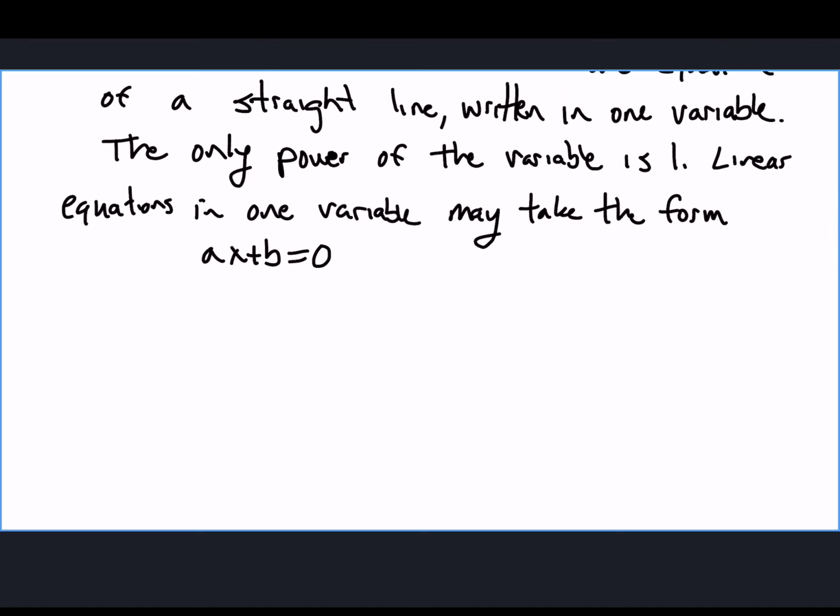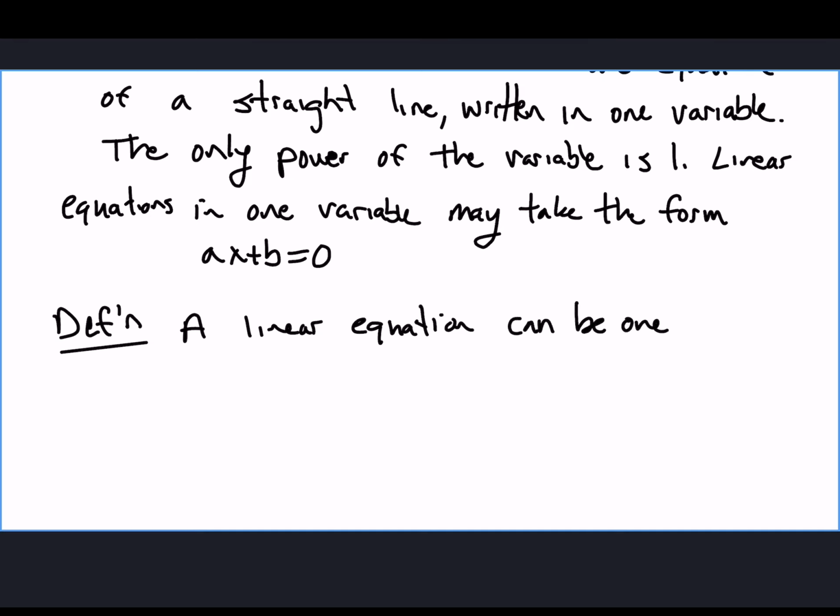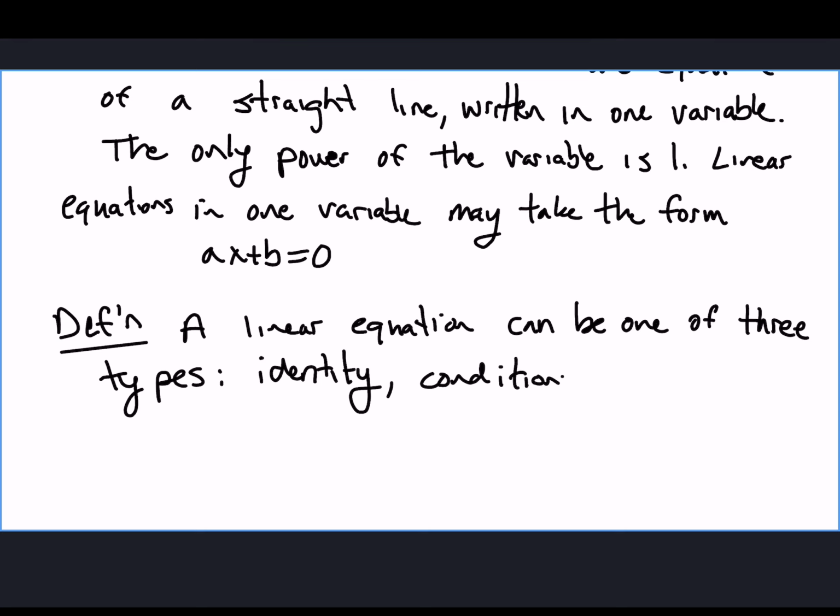And there are some classifications for linear equations, which will also be a definition. That is that a linear equation can be one of 3 types. They can be an identity, they can be conditional, or inconsistent.